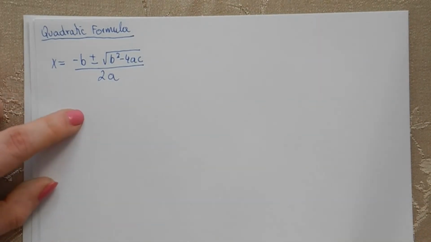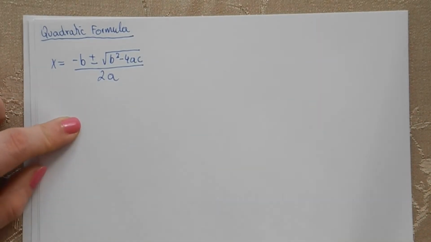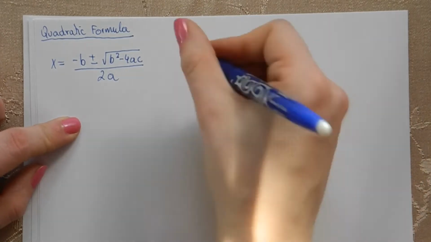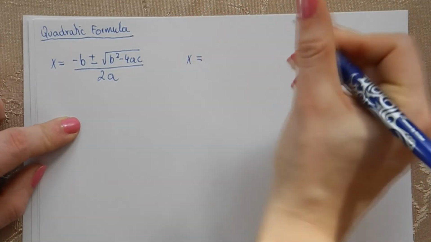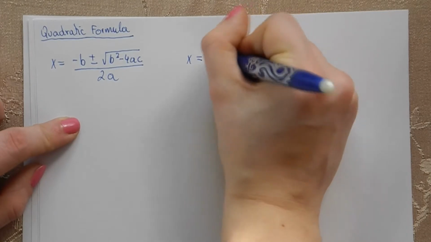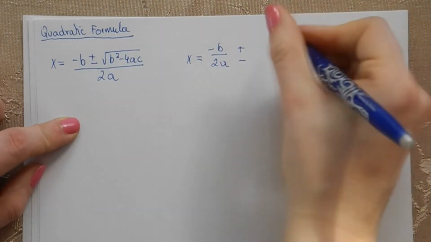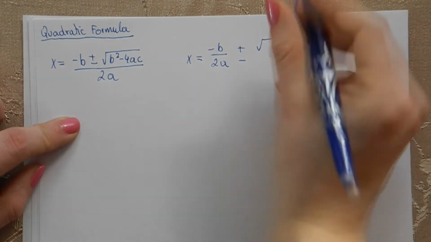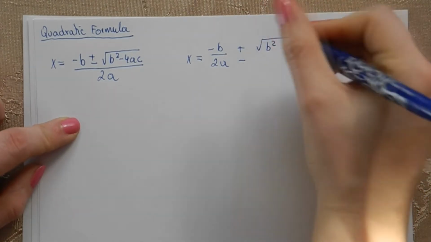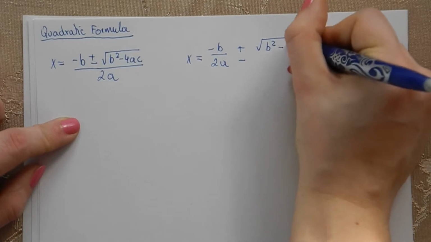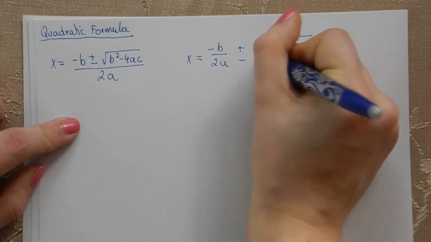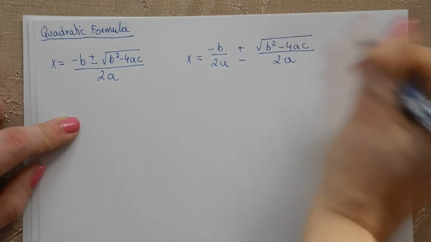But it might actually be more useful and easier to memorize it in the form of x equals negative b over 2a plus or minus square root of b squared minus 4ac all over 2a.